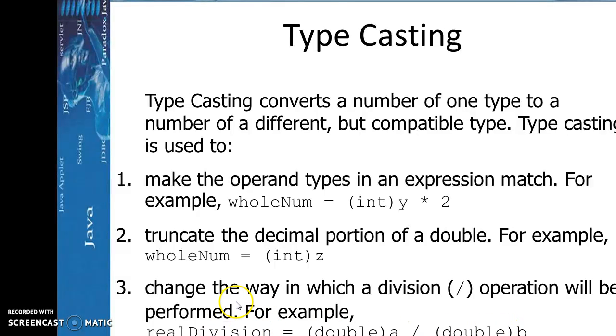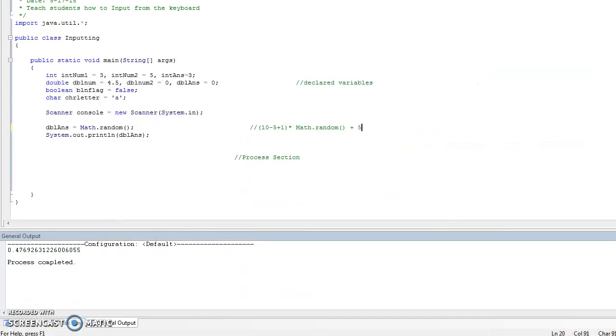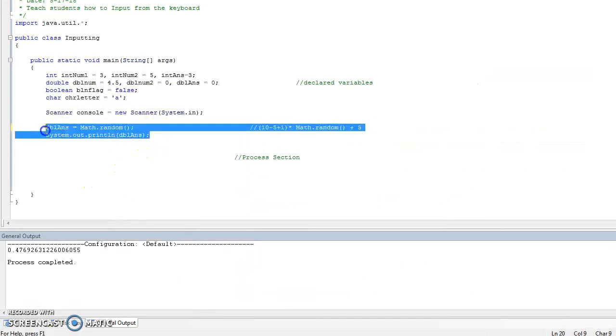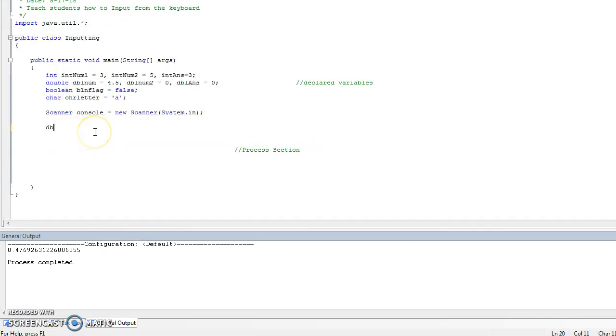So let's practice this with our code. Let's say double ans equals 3 divided by 4. And if you remember, we did not get the value we thought we would get because of integer division.